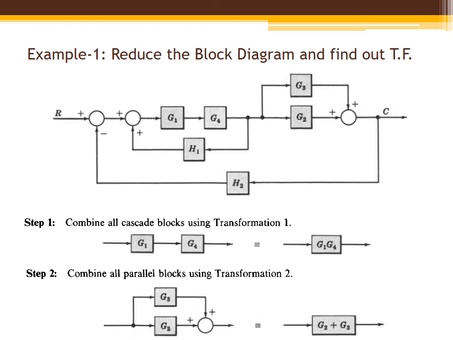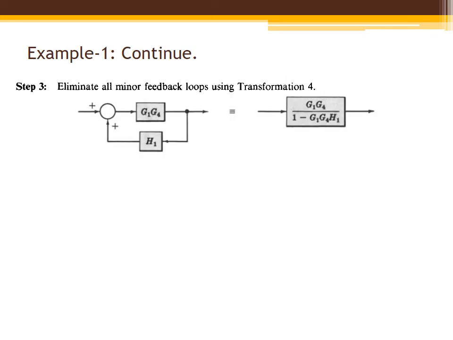So we can represent these two blocks and the summing point as one block with the algebraic sum of G2 and G3. Now there is one more block we can simplify, that is the minor loop. Here G1 and G4, we have already used rule number 1.